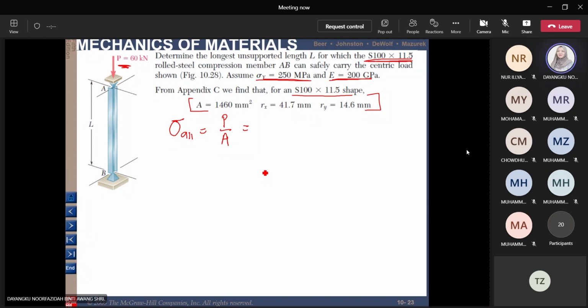So what will be the value for the critical stresses? Allowable stresses.